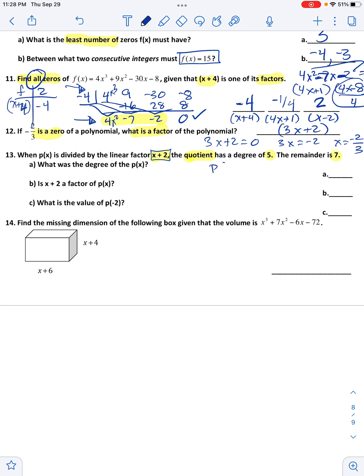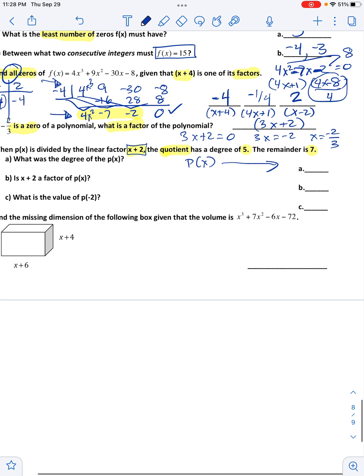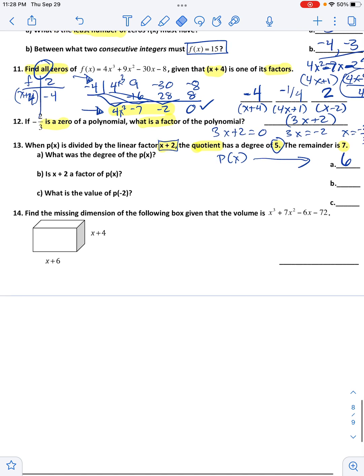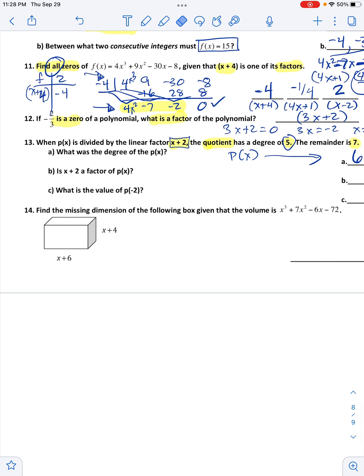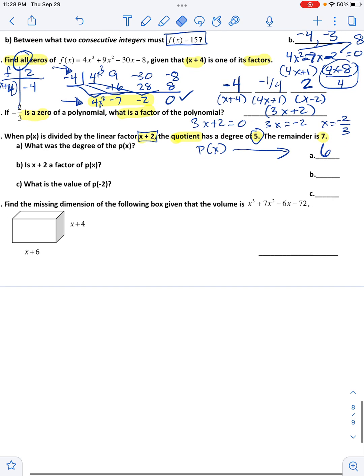So then think about what the row you started with would have to be. So the original p of x would have to have a degree of 6, because if you started with x to the 6th power, you divided it by x plus 2, you're going to end up with the degree of 5 that they're talking about. It always goes down by 1. So if you're going backwards, you're kind of increasing it back to what it was before.